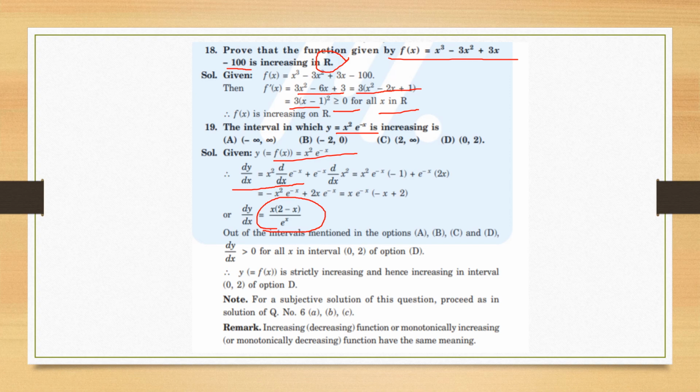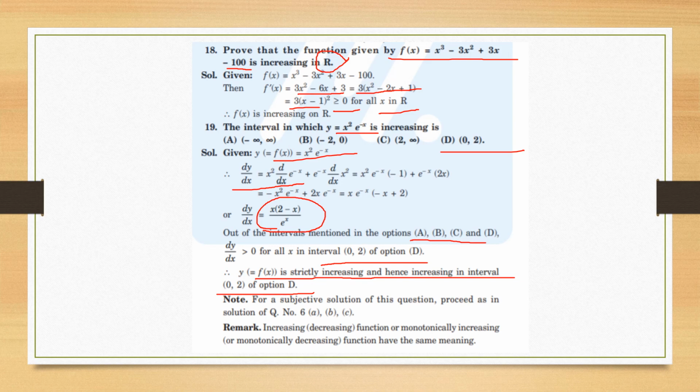Instead of going for the critical points, you can check in which of these intervals my derivative is behaving as positive. So we find that in the option 0 to 2, my derivative is positive. So my function is strictly increasing, and the interval 0 to 2 is the correct option.